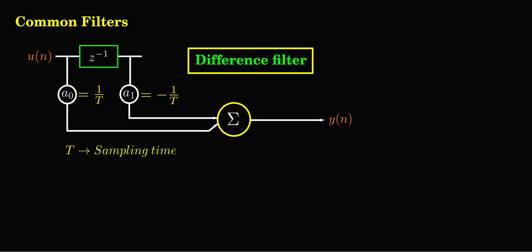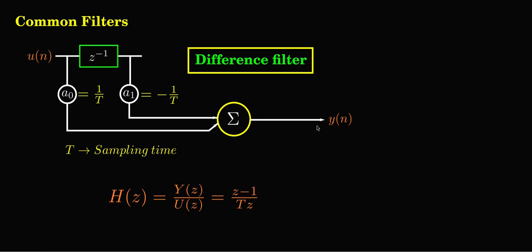T is the sampling time, and the transfer function is as given like this, z minus 1 by T z. So you can also obtain it, like as we did before for the low pass filter.